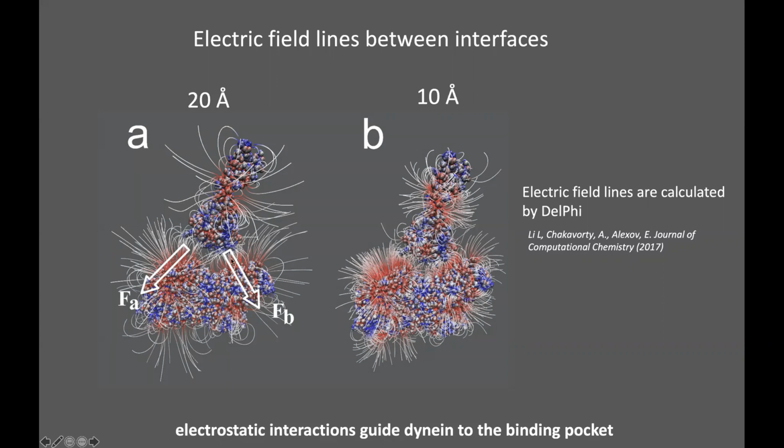That means there are two strong forces dragging this dynein binding domain to the binding pocket. And these two forces might balance each other, so that when your binding domain is close to the binding pocket, those two forces will adjust the position and try to bind it to the binding pocket accurately.